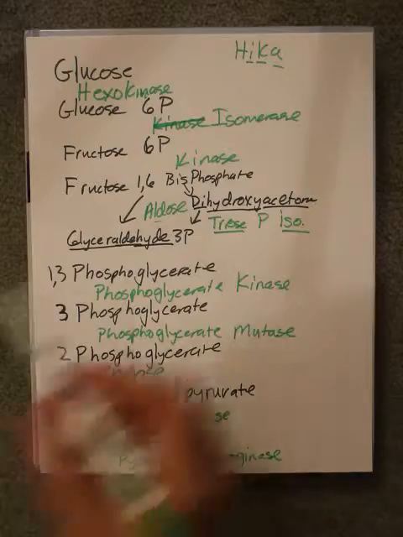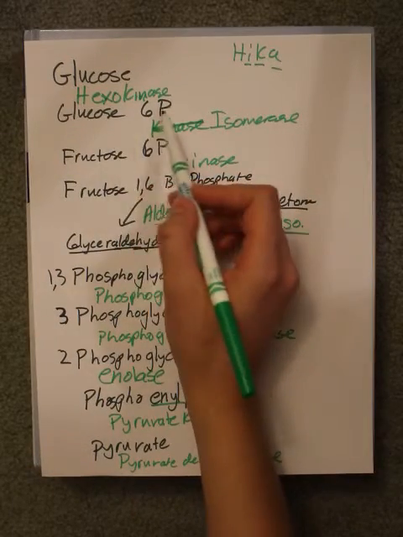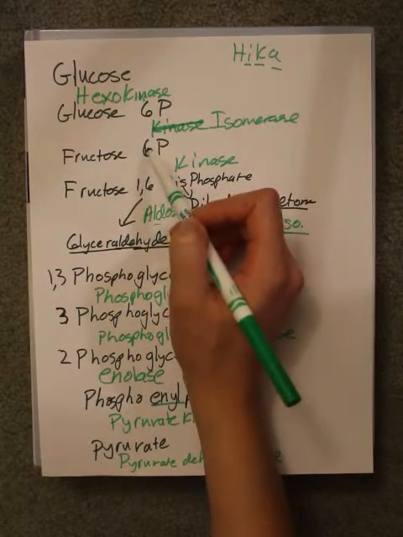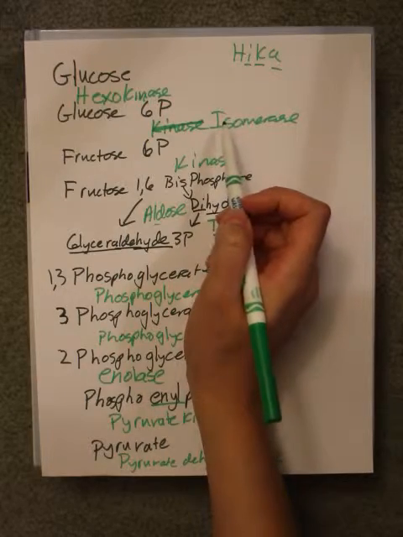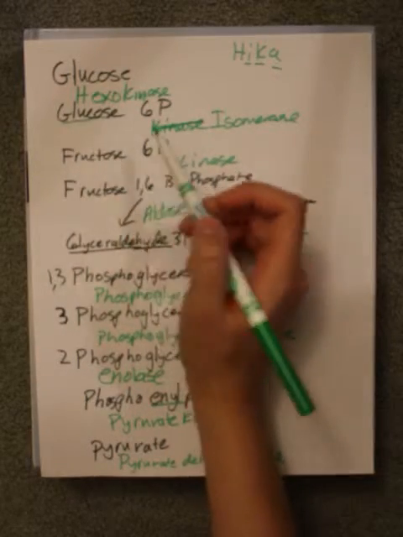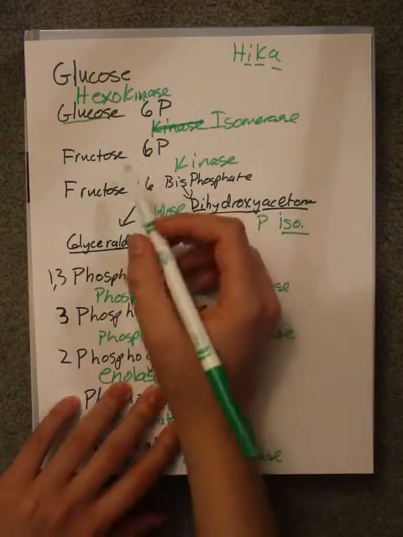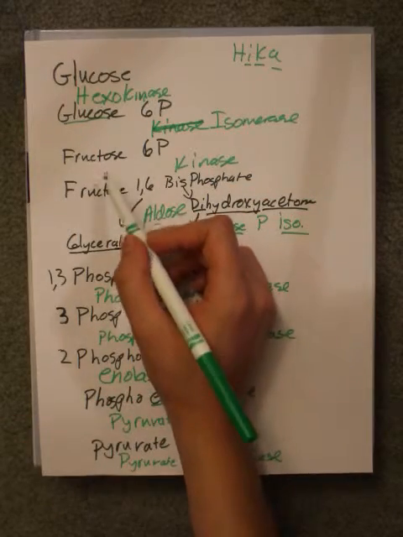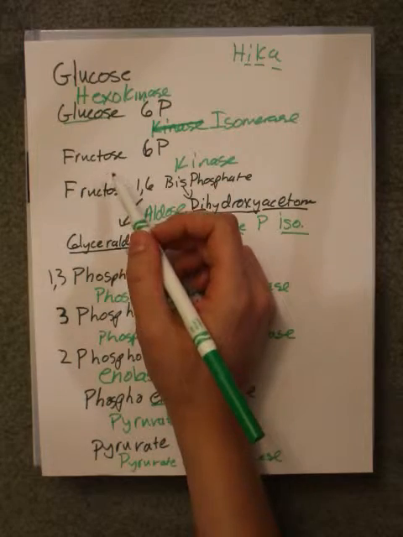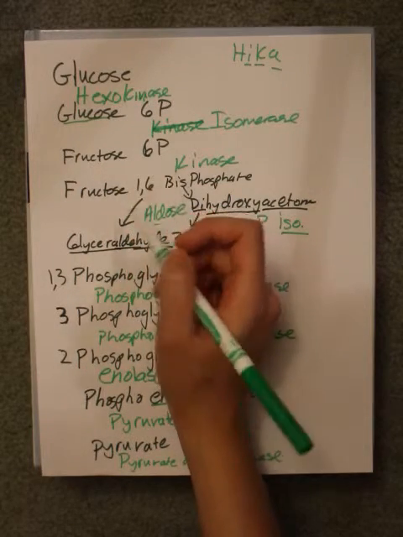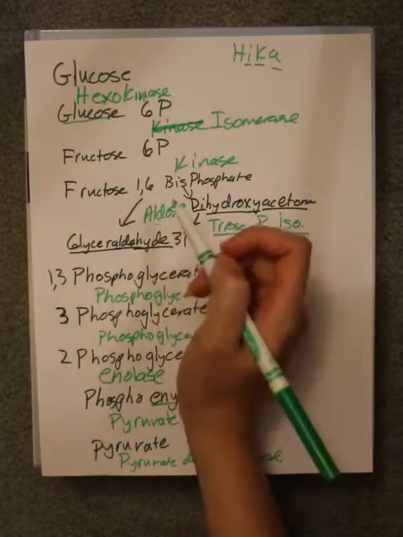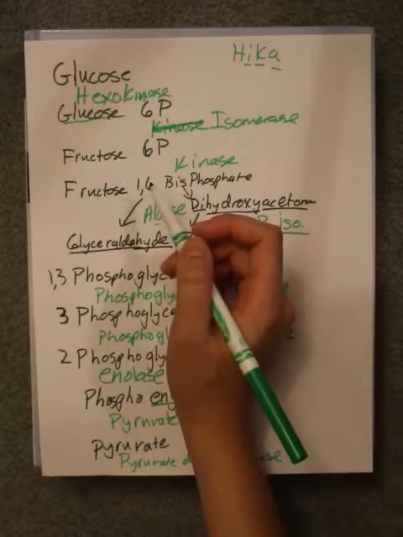But so to go from glucose to fructose, you need an isomerase, and it's phosphoglucose isomerase. And then to go from fructose 6-phosphate to fructose 1,6-bisphosphate, you go phosphofructokinase.